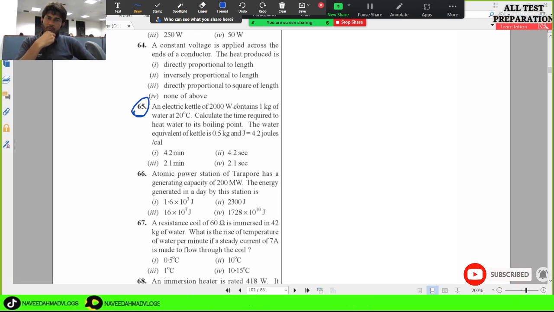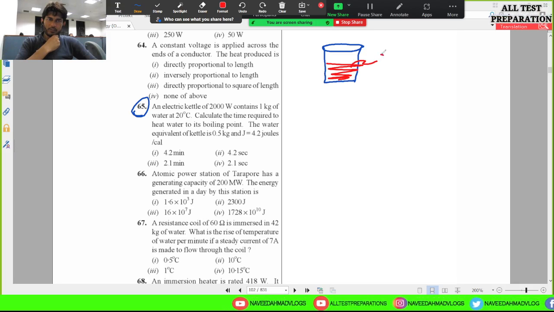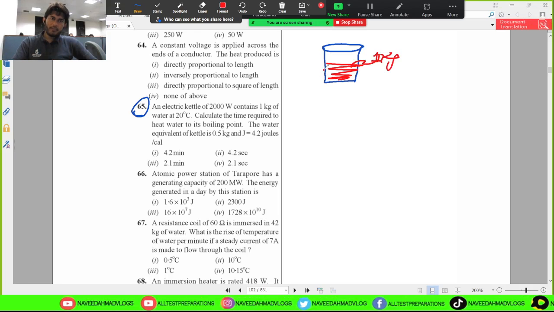So what will happen? I'm going to draw the diagram. Let's suppose this is my beaker, and in this beaker we have water, and you will give heat. The weight of the water is 1 kg, and the weight of this beaker is 0.5 kg.